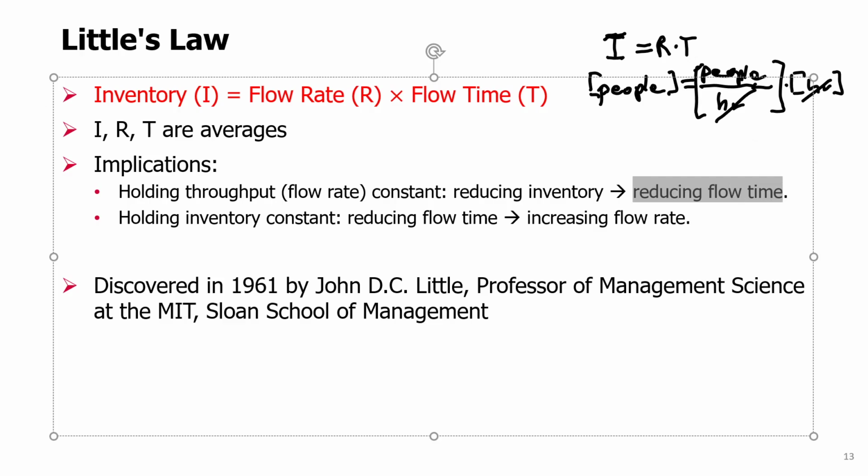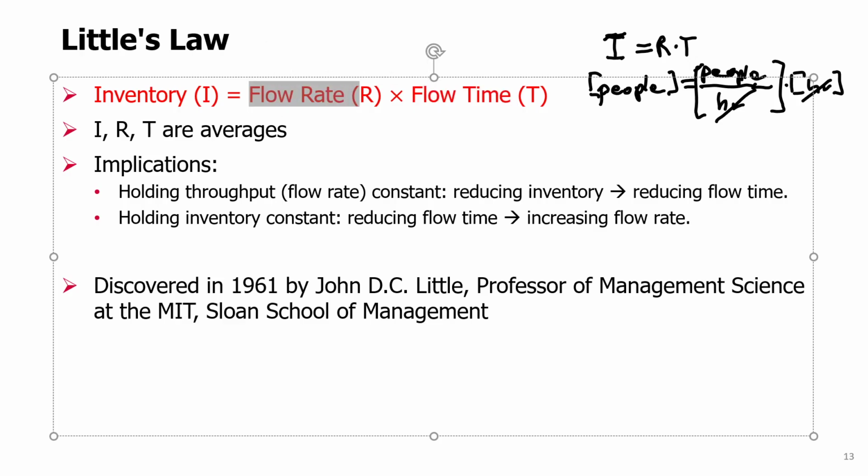If you reduce inventory and the flow rate is constant, then of course flow time must be reduced as well. And remember, these are all average values. If, for example, we hold inventory constant and we reduce the flow time, then the flow rate must be increasing, because if they are multiplied and the product must be constant, reducing one must increase the other.